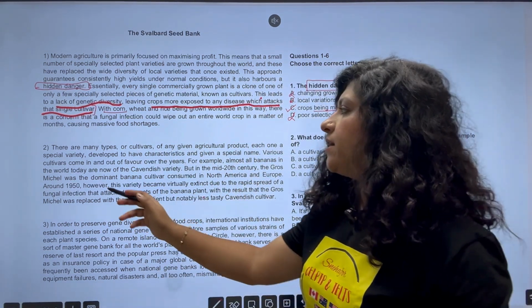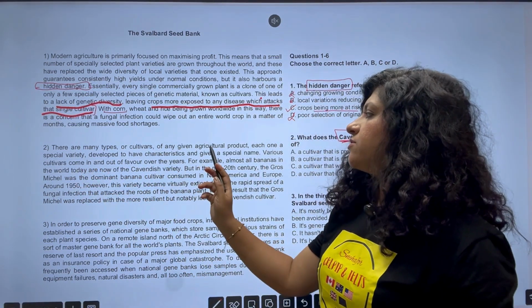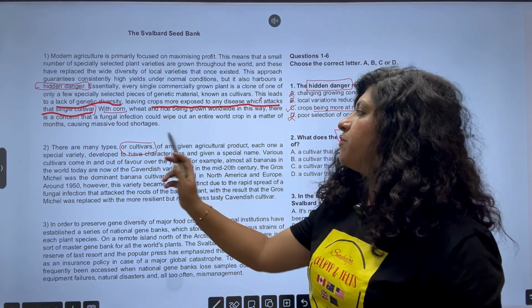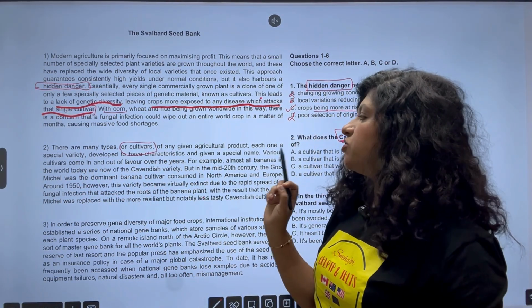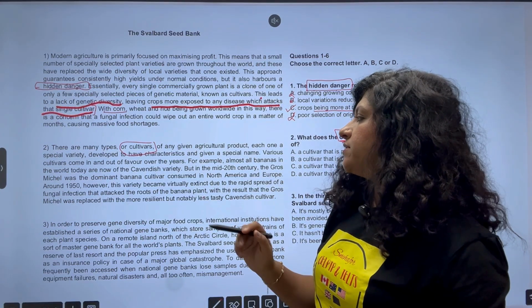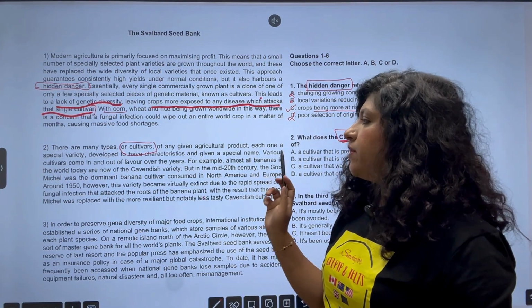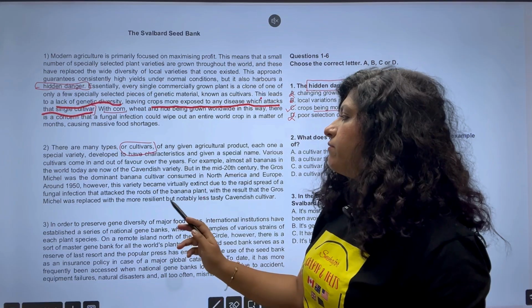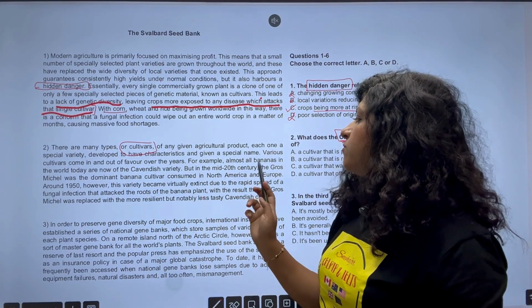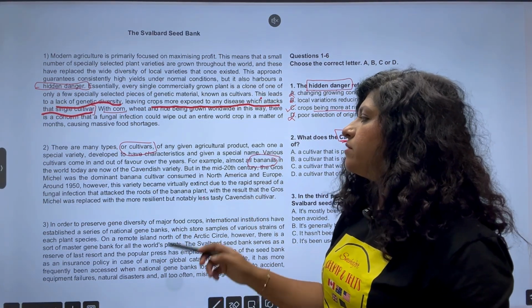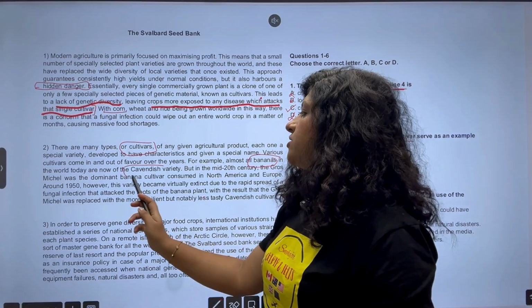I keep on scanning. There are many types of cultivars of any given agriculture product, each one of a special variety, developed to have certain characteristics and given a special name. Various cultivars come in and out of favor over the years. For example, almost all bananas in the world today are now of the Cavendish variety.